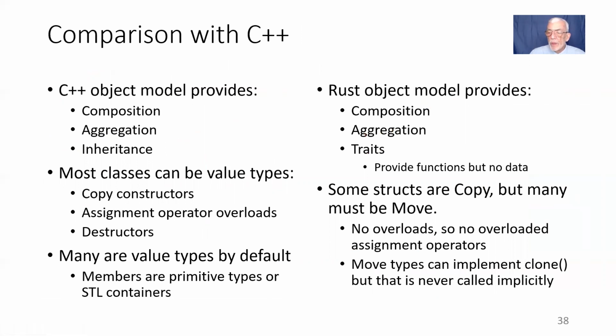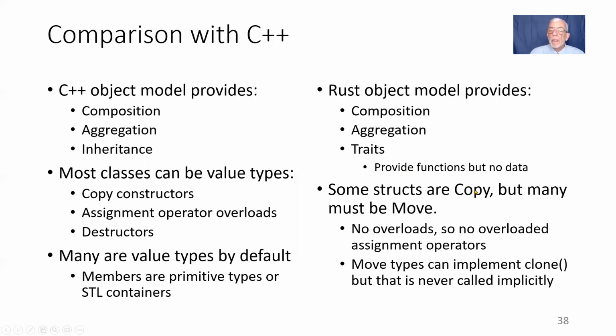I don't have an example for this video, but it's quite straightforward. A box works very like a standard unique pointer in C++. And traits provide functions. They declare functions. They may implement them, but they don't contain any data.